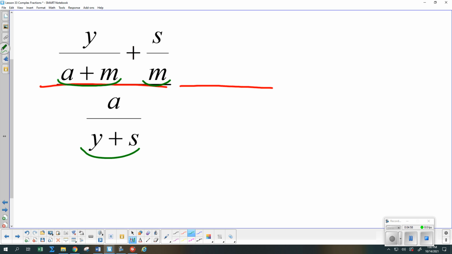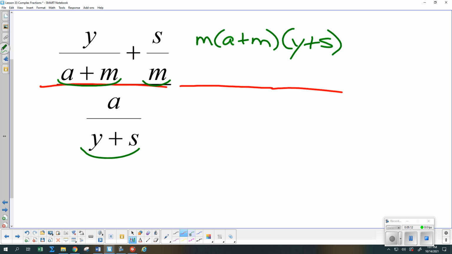They don't have anything in common, so my LCD is all of that, m times a plus m times y plus s. So it would be wrong if I wrote my work like this, because that says only multiplying the numerator. So I need to also write it down here to show I'm also going to multiply the denominator by that whole same long thing.